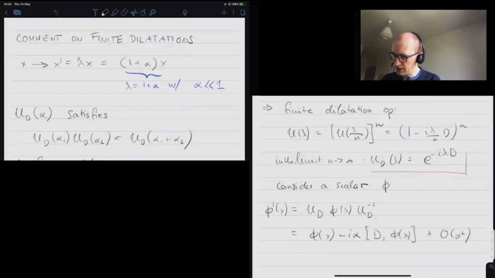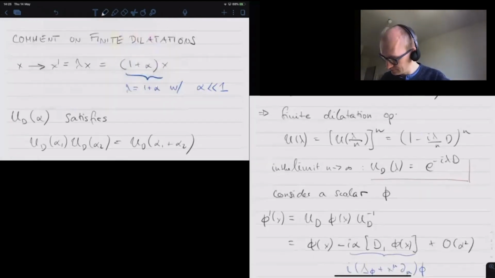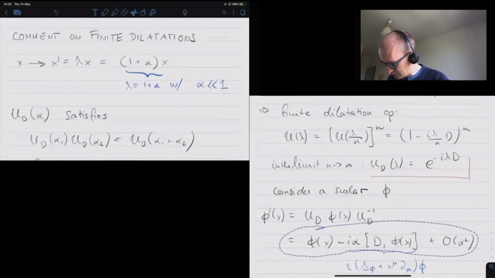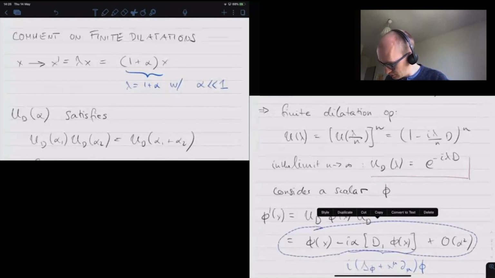But we worked out what this is. This is i delta phi plus x mu d mu on phi. So let's write that out. As usual, I think it might be useful to take that on the other page. Copy, paste.